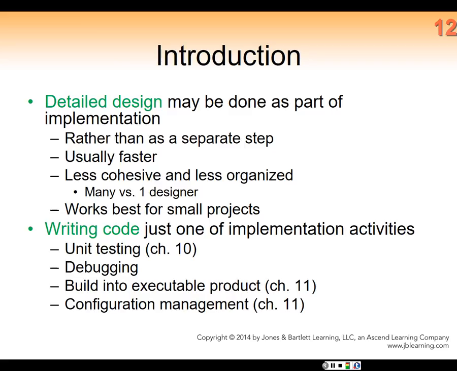So we need to keep track of the different versions of software being developed for each iteration. And we're going to use a code repository for that. I think I mentioned we're going to use Git. So configuration management is also part of implementation. Those are the 4 principal activities besides writing code.